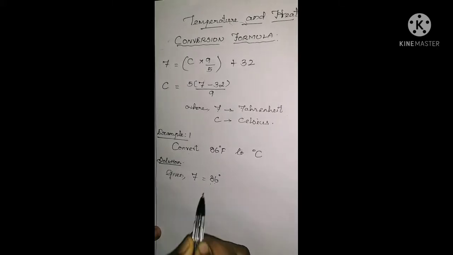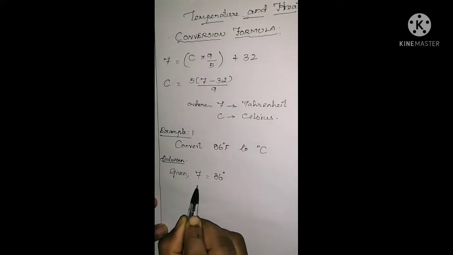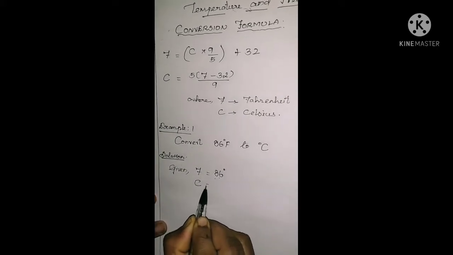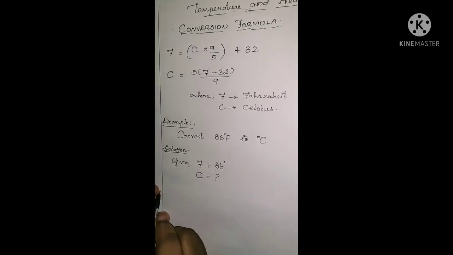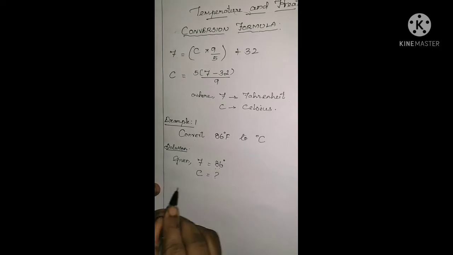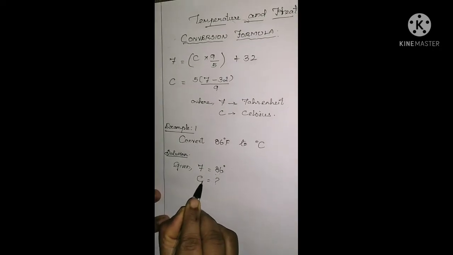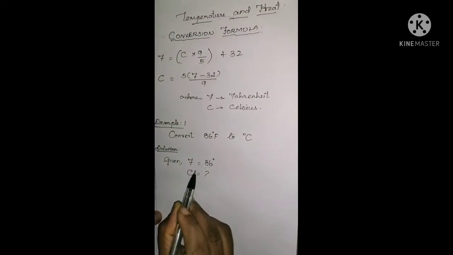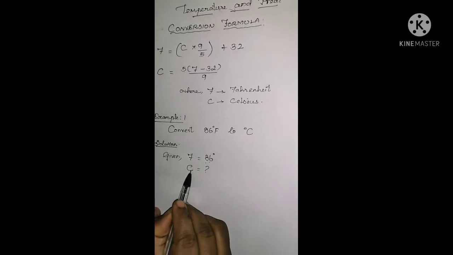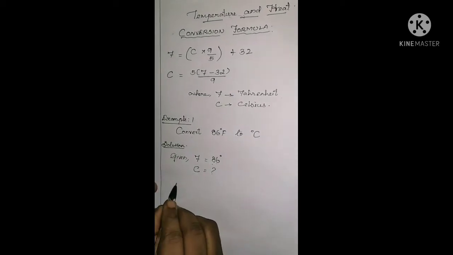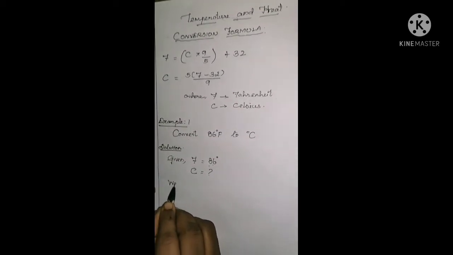Here, what they have asked is to convert, Celsius is equal to what? Only this they have asked in the question. Celsius value they asked, Fahrenheit to Celsius you want to convert. We know the formula.